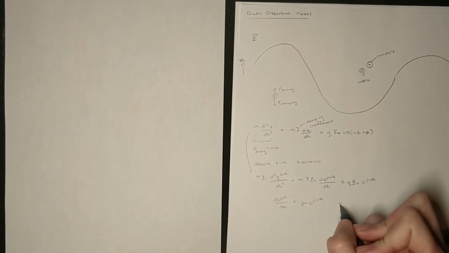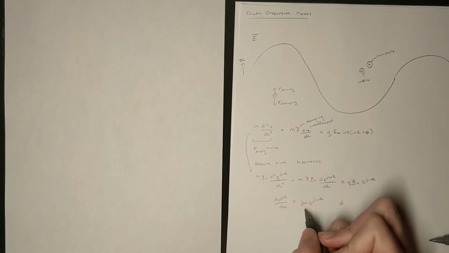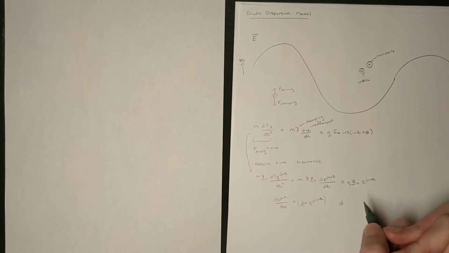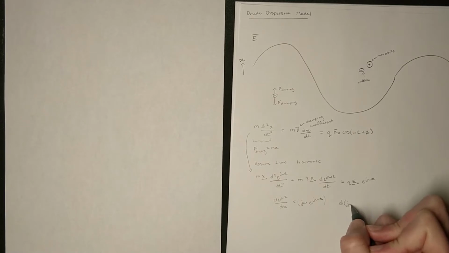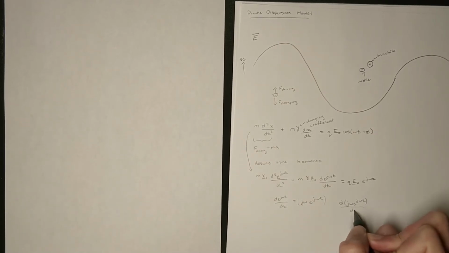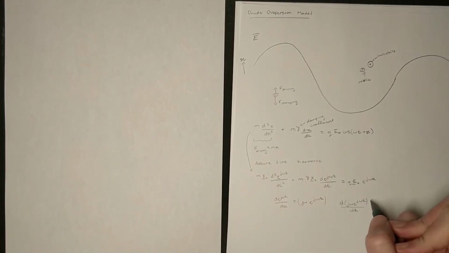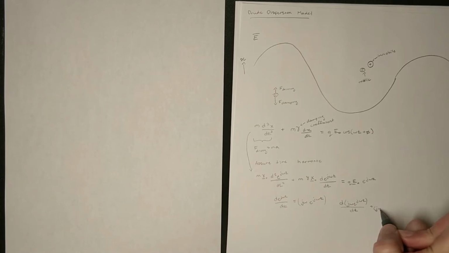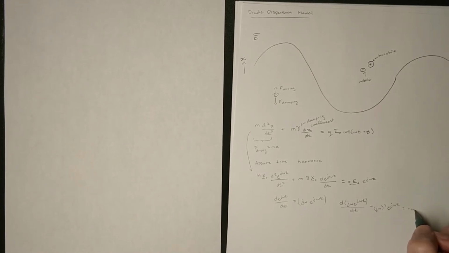And if we want the second derivative, we can do the derivative of this term itself, which is equal to j omega squared e to the j omega t, and we can rewrite this term as negative omega squared e to the j omega t.